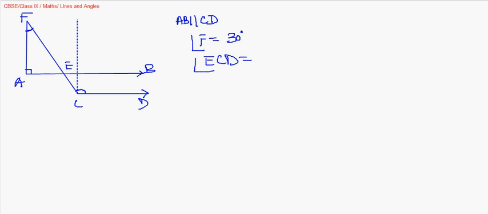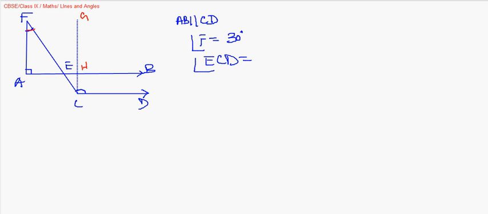May I name it as A, B, C, D, E, F, and H, G. GC is the line which I am drawing parallel to AF. So AFE will be equal to FCG or ECG.